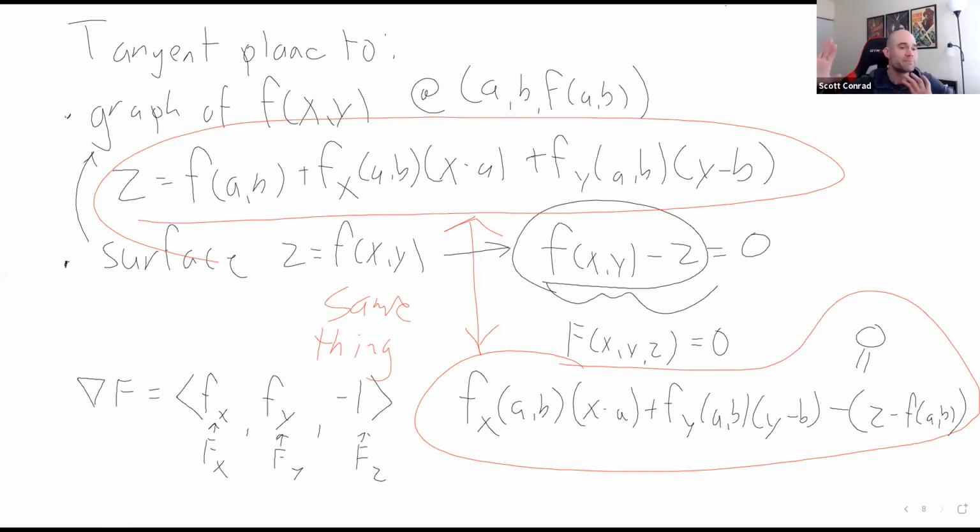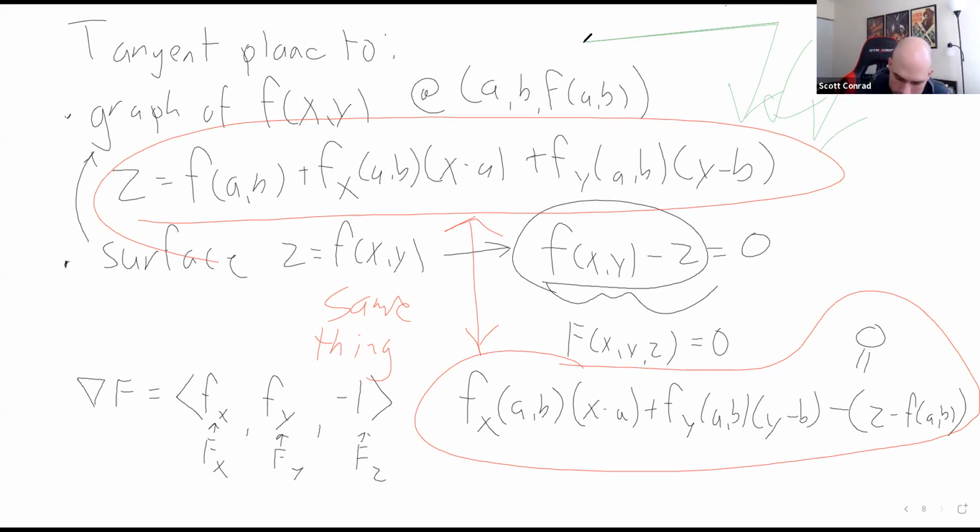Okay, but the important bit is, if you are going to remember both of these, remember this equation here only works for surfaces which are graphs of functions of two variables. So if you get z by itself, z equals f(x,y), you can use this formula.